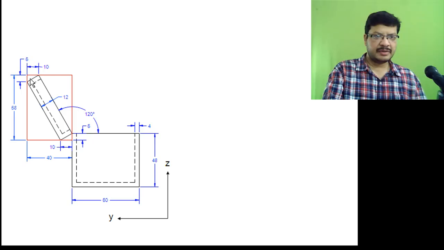To get this endpoint from this corner of the rectangle, distance is 10 mm. To get this endpoint from this corner, distance is 6 mm. The total length of the rectangle, this red color rectangle which consists of isometric lines, is 58 mm by 40 mm. In this way you have to obtain the dimensions along the isometric lines only for non-isometric lines.